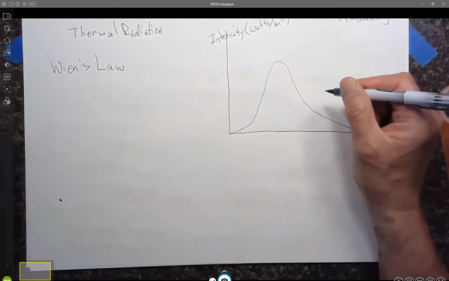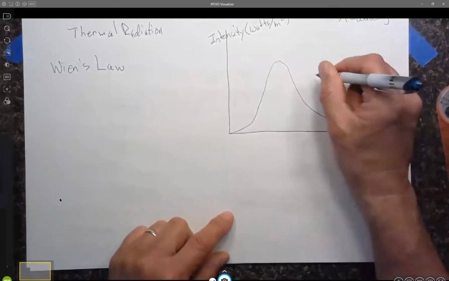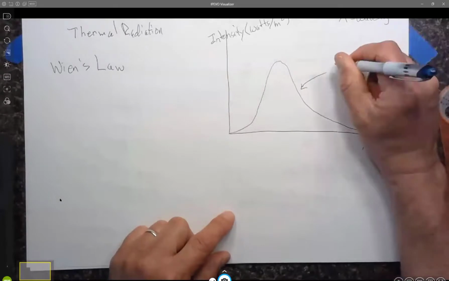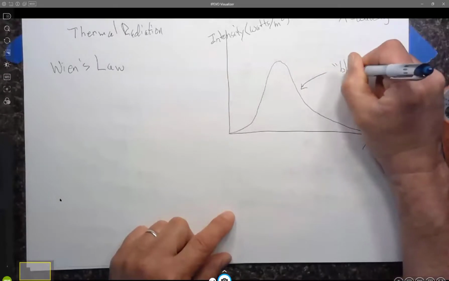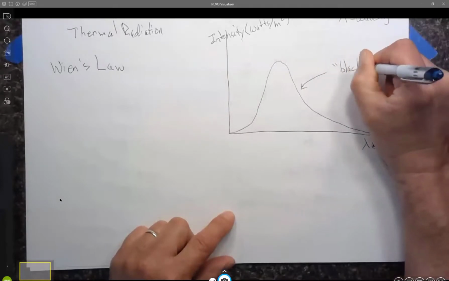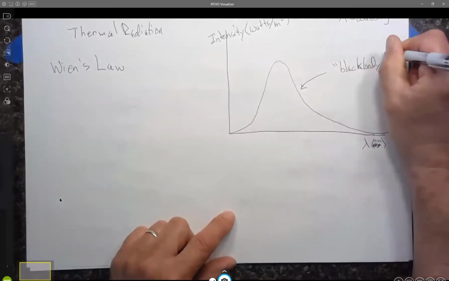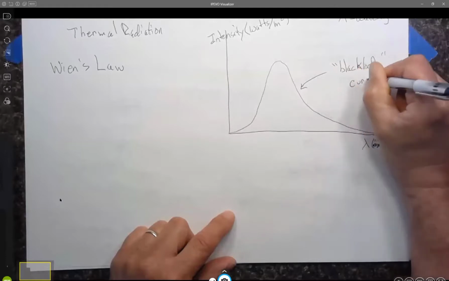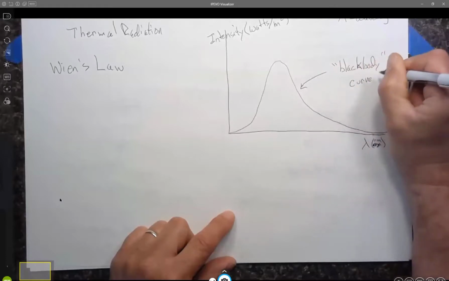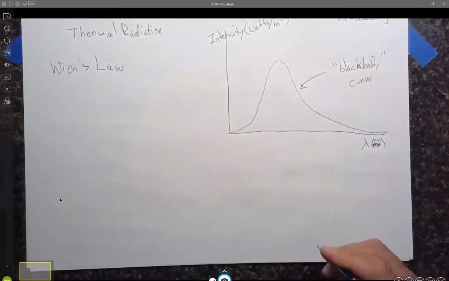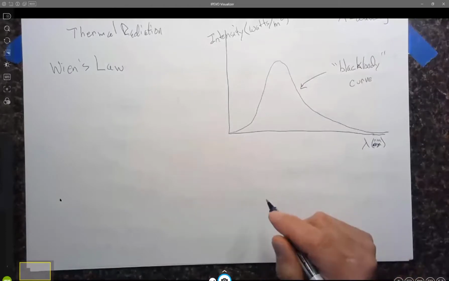It's also a very good absorber of light. And this is called a black body curve. And I'll talk about why that's the case here in a minute. Also, sometimes just called the thermal radiation curve.